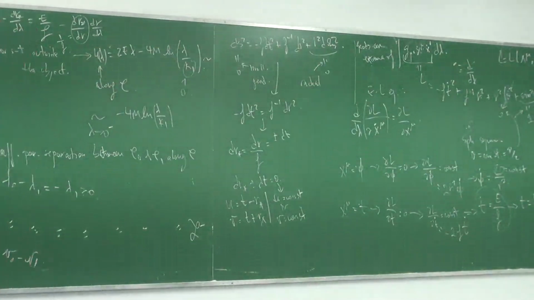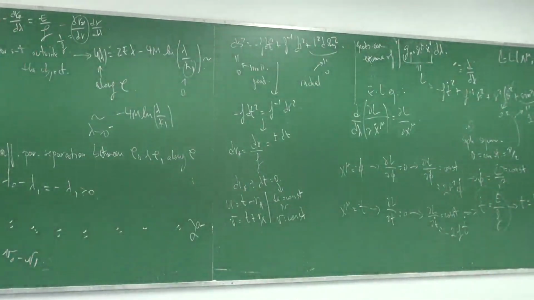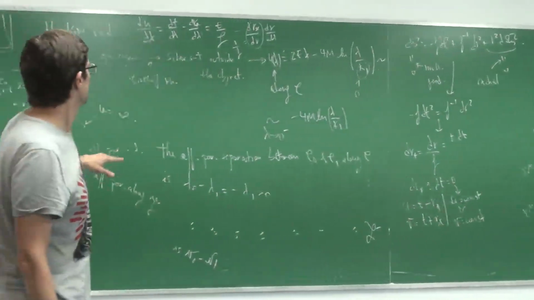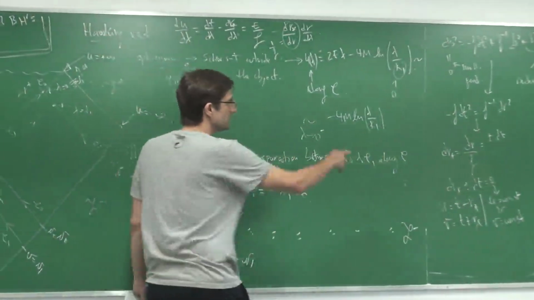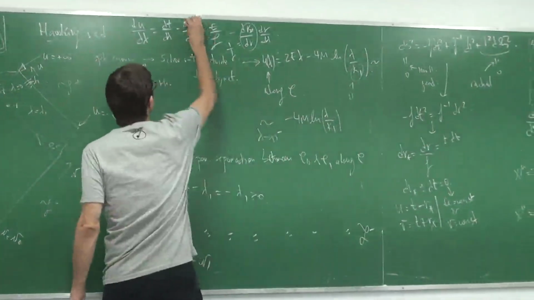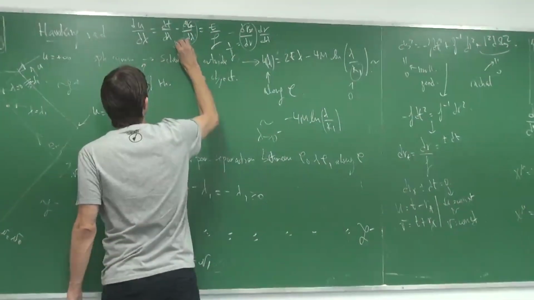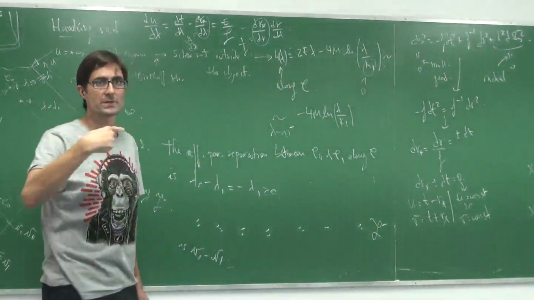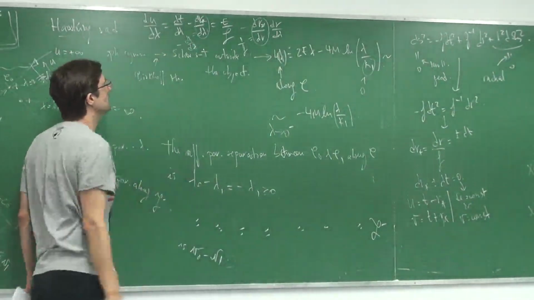I'm doing this more complicated than it is, in fact. dr star d lambda is dt d lambda, but we're looking at ingoing geodesics, so this must be minus dt d lambda.